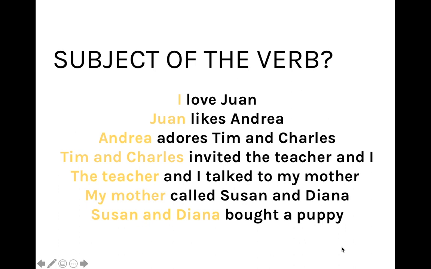In the sentence the teacher and I talked to my mother, the subject of the sentence is the teacher. In my mother called Susan and Diana, the subject of the sentence is my mother. Susan and Diana are the subject of the last sentence because they are the ones that are doing the action.